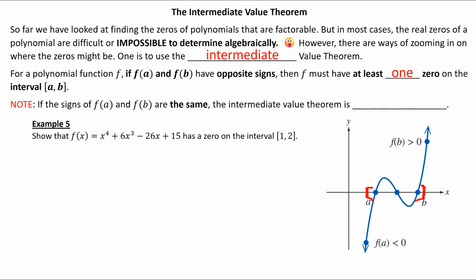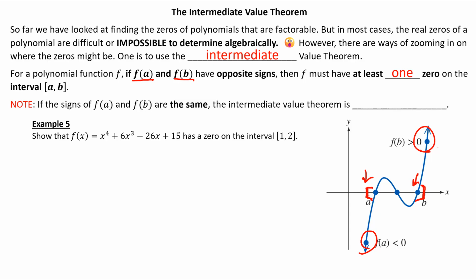If f of a and f of b, the values of the function at the beginning and end of the interval, have opposite signs, if one is positive and the other is negative, then you know this thing had to cross the x-axis somewhere between a and b.